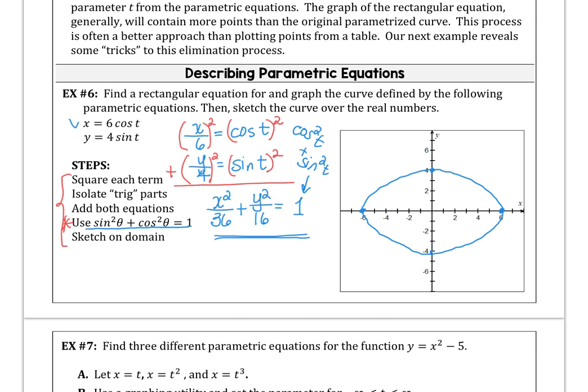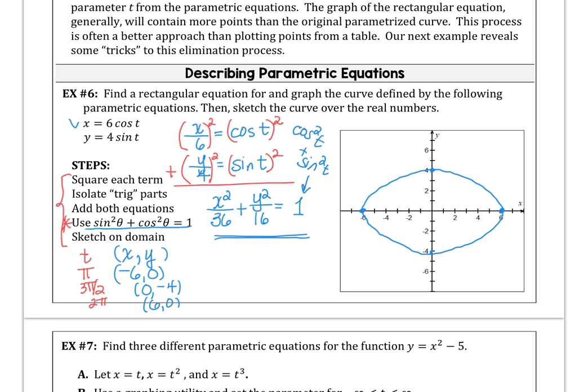Now, if you made a table where you were given t as pi, 3 pi over 2, and 2 pi, you could evaluate that your x and y coordinates would be (-6, 0), (0, -4), and (6, 0).